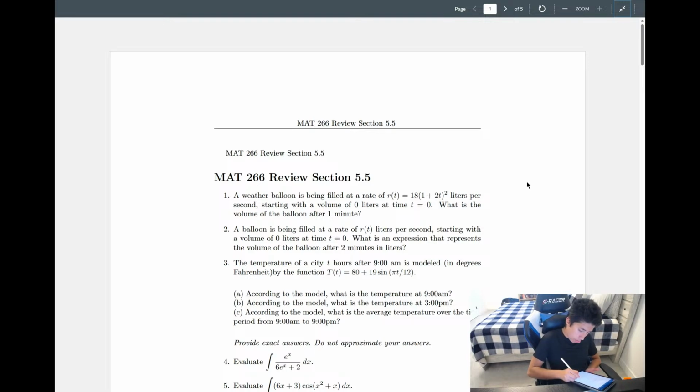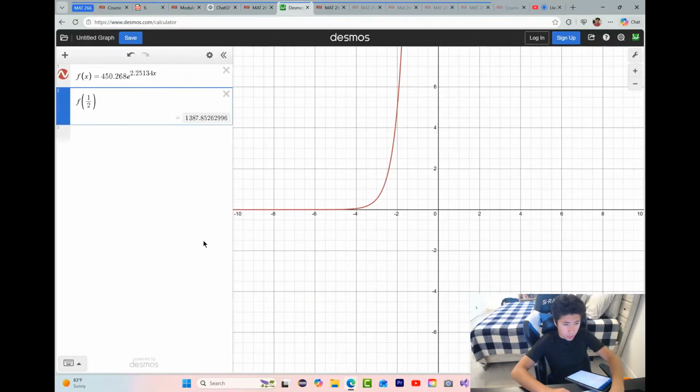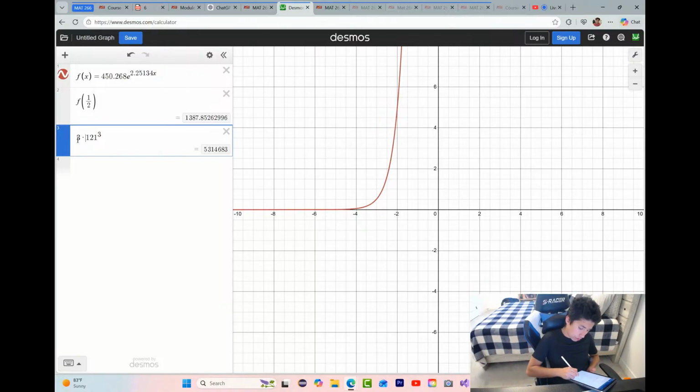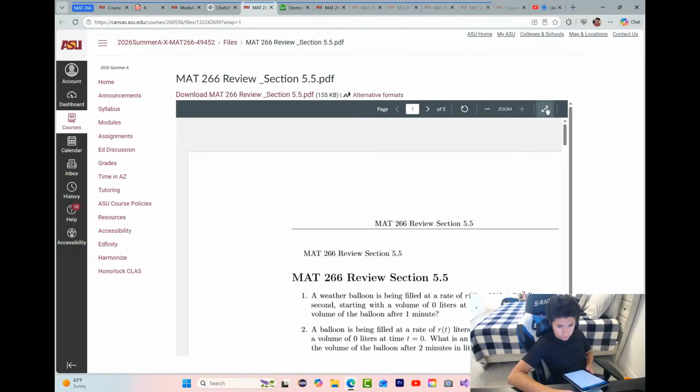This is 3 times 1 plus 2 times 60 to the power of 3. 3 times 121 to the power of 3. Yup, that's exactly what they got. Very beautiful. Okay, let's keep going.